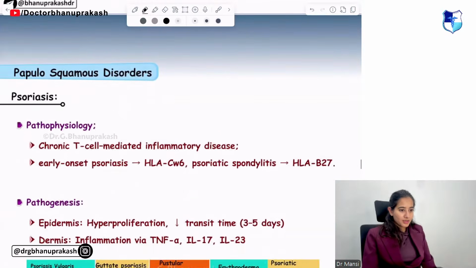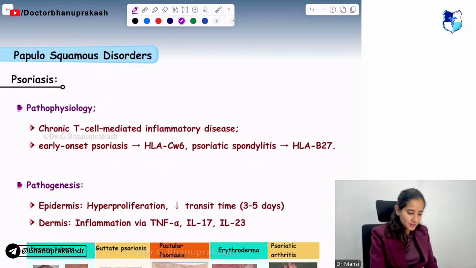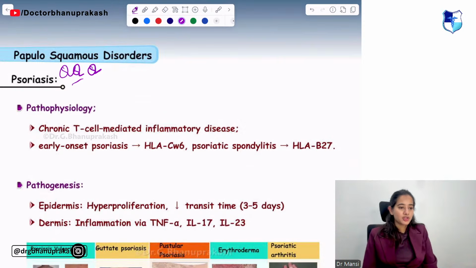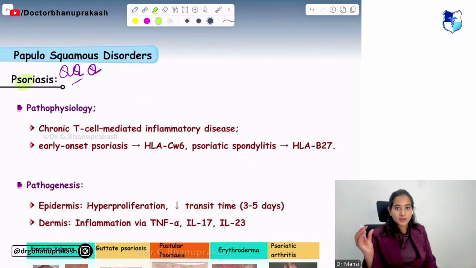Then can we move ahead with papulosquamous disorders? Then we have to discuss a very important condition, which is psoriasis. Which word in psoriasis can make you remember one particular surface which is involved?